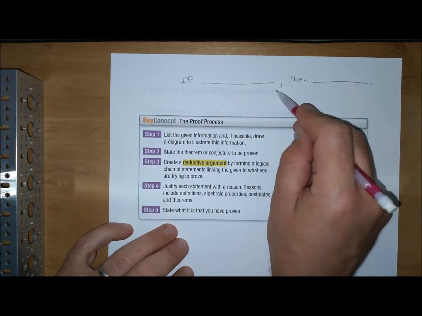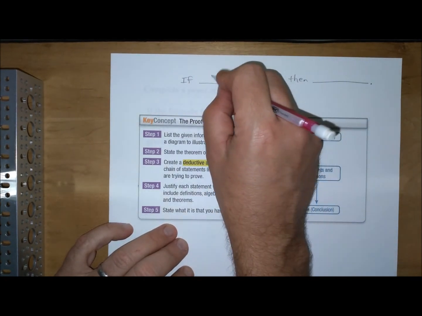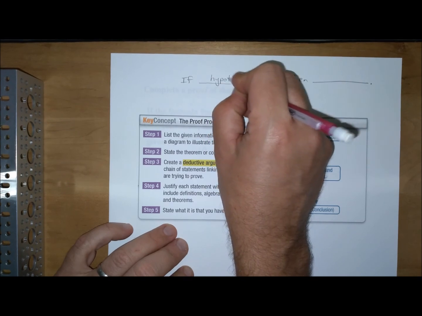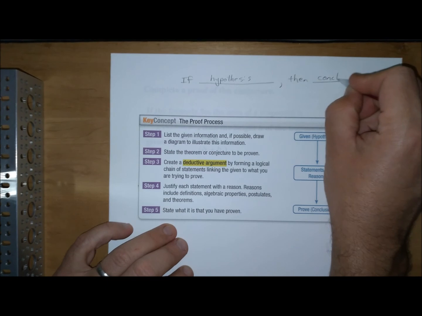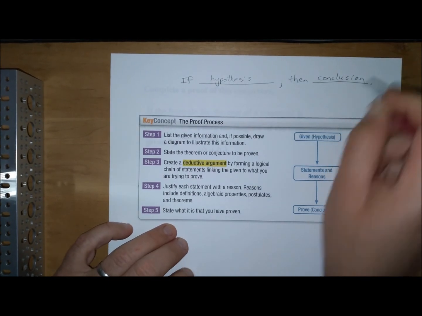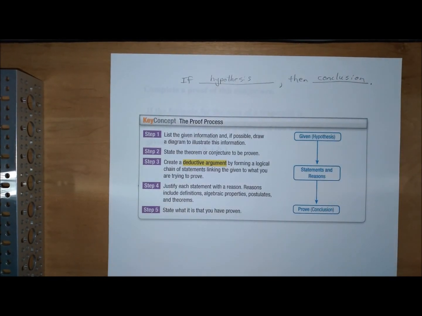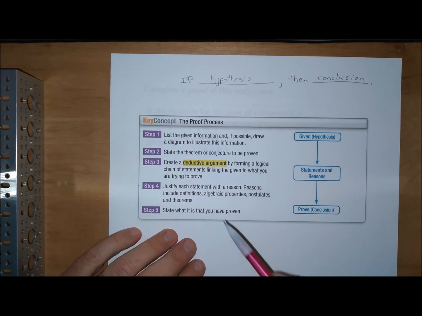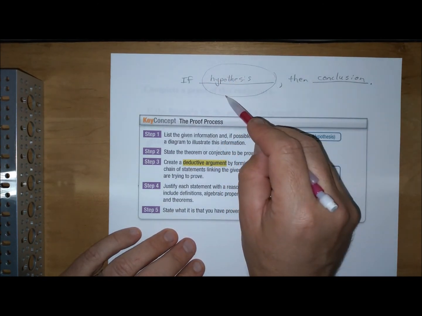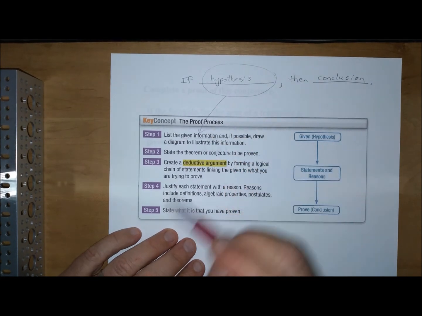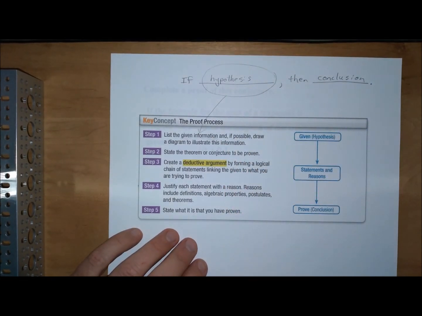And the words that come after the word if are hypothesis, right? If hypothesis, then conclusion, okay? So if you're seeing a proof in this format, then the given information is the hypothesis. That's the bit that comes after the word if, okay?